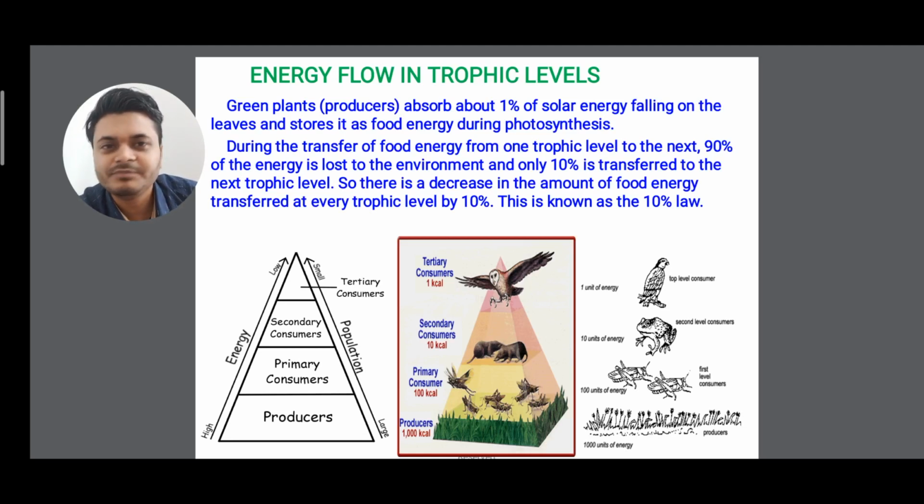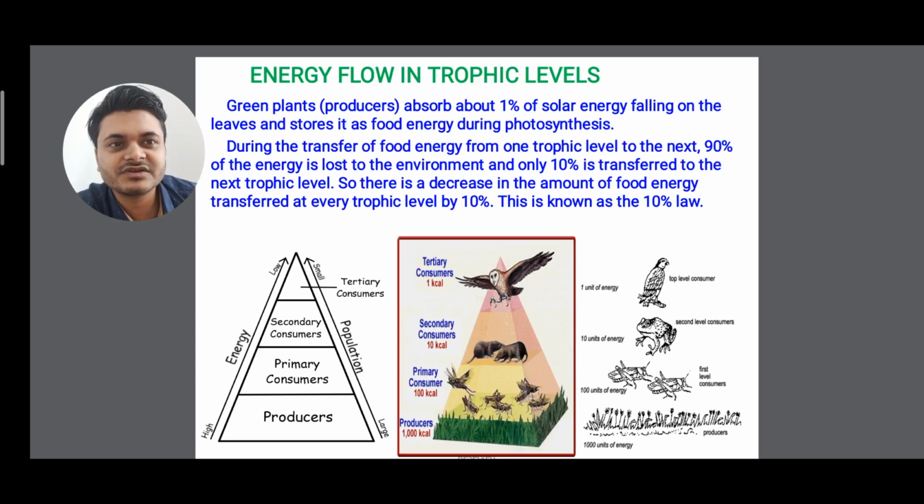Clear? So 1% of energy is being taken by the plants, and this 1% we are considering as 100%. From this 100%, the sunlight that is absorbed by the plant, they produce food for themselves by the process of photosynthesis, where the plant converts the solar energy into chemical energy.